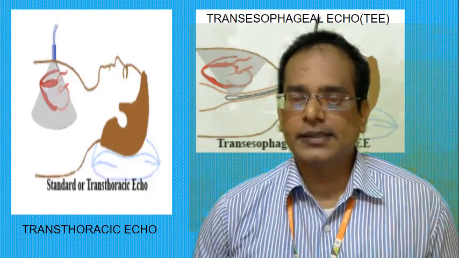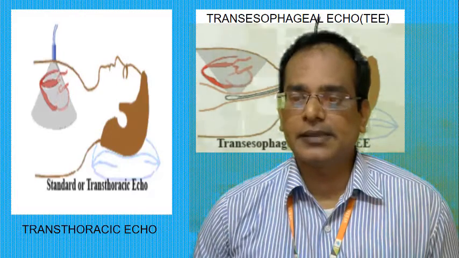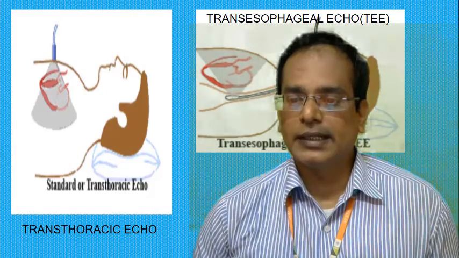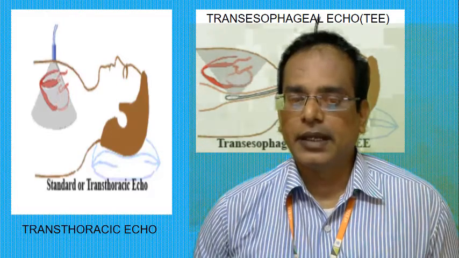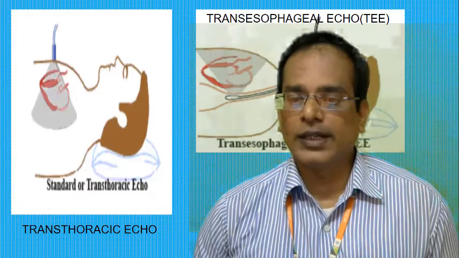In adults several structures can be evaluated and imaged better with TEE, including the aorta, pulmonary artery, walls of the heart, both atrial and atrial septum, left atrial appendage and coronary arteries.